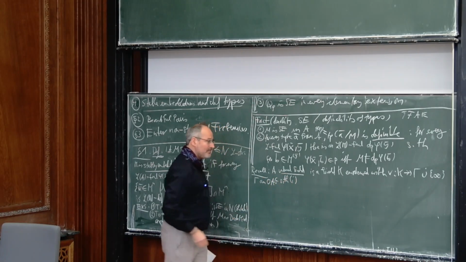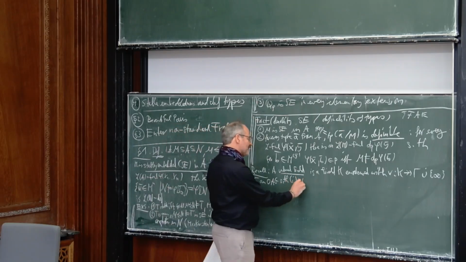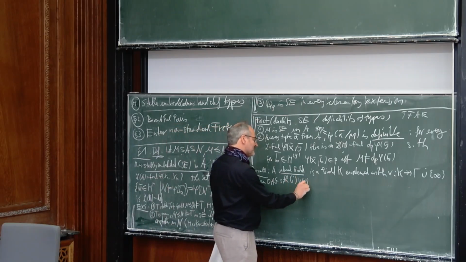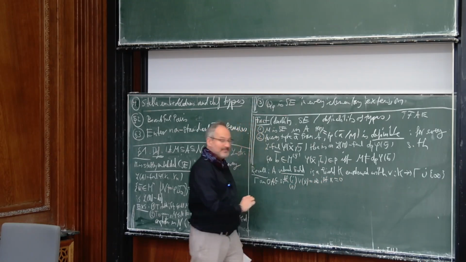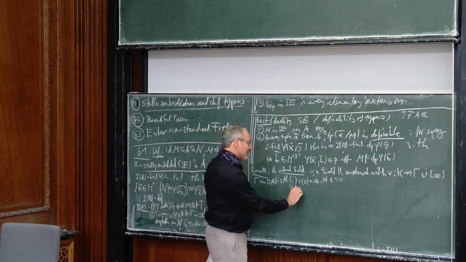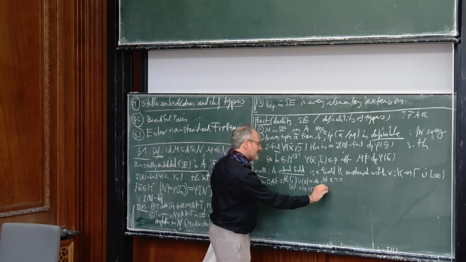It's a little bit like a norm. One, the valuation of x is infinity if and only if x is 0. Two, it is a group homomorphism, so v of x times y is v of x plus v of y.